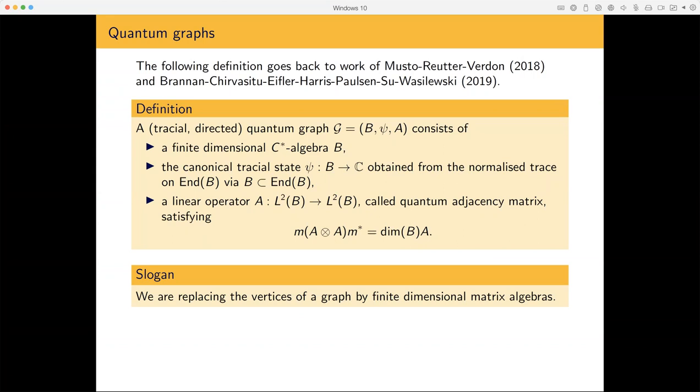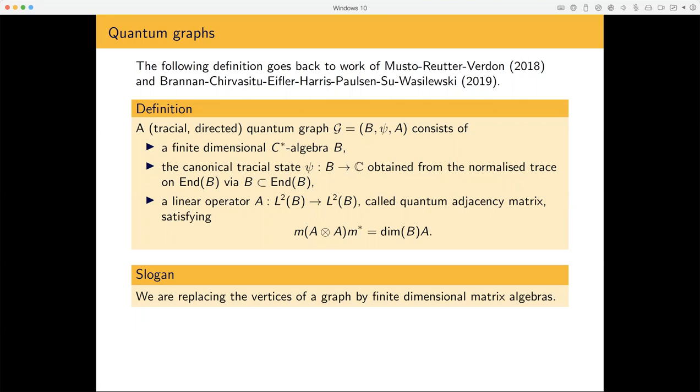Then we also keep track of a state on that algebra, and there is of course a lot of choice. You could look at a number of states, and for the time being, I want to fix the canonical tracial state, which comes from embedding B into endomorphisms and then taking the matrix trace there. Again, I'll probably come back to that a little later.